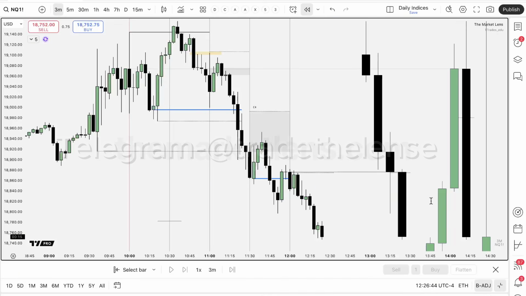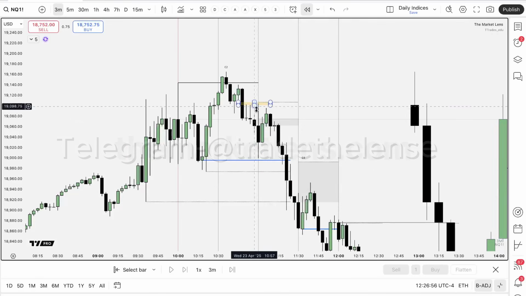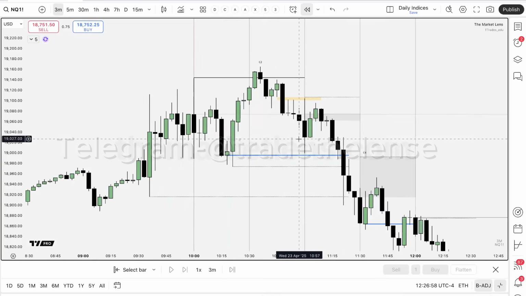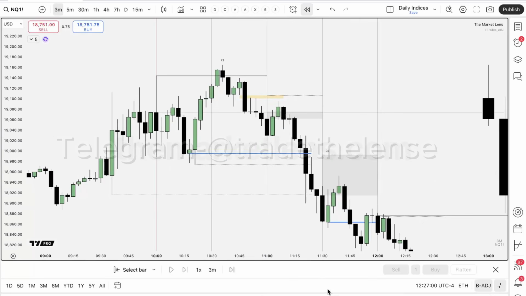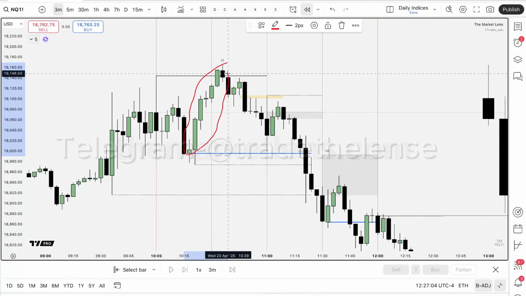Would you take an entry within C3 even though we didn't get an ICCSD within candle 2? So what do you mean exactly, an intra-candle change in state? I think you're talking about intra-candle change in state delivery in candle 2. Let's talk about it real quick with the model. This is just the change in the state delivery when we close below there.